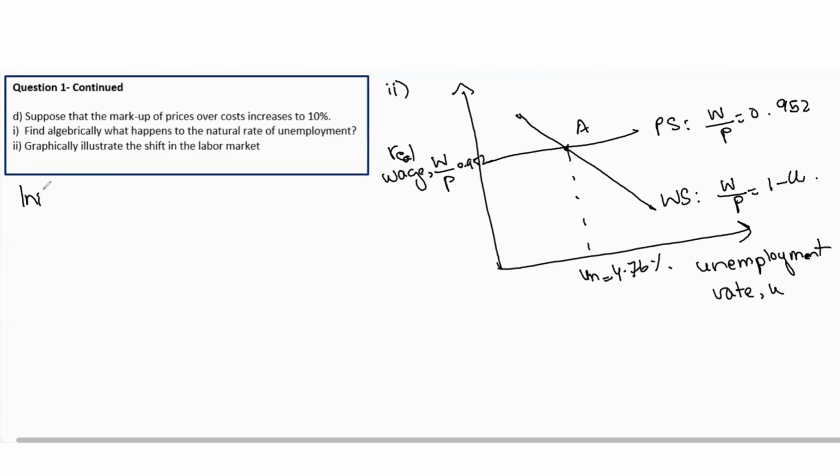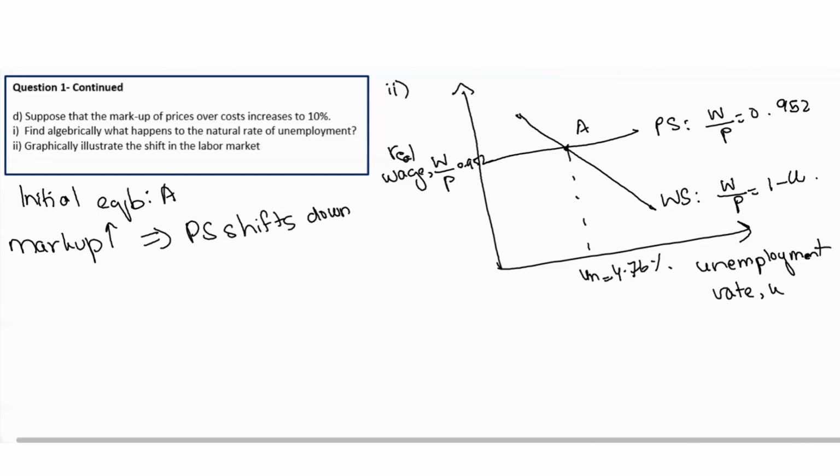So the initial equilibrium is A. Now what happens is the markup increases. So we know that causes the PS curve to shift down. In general, the PS equation is W by P is equal to 1 by 1 plus M. Here we can clearly see that when M increases, the real wage offered by firms decreases, so the price setting curve is going to shift downwards.